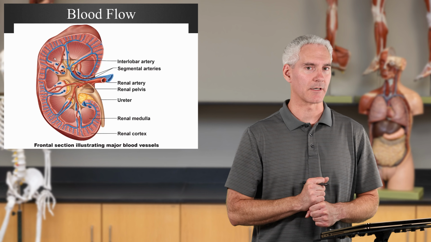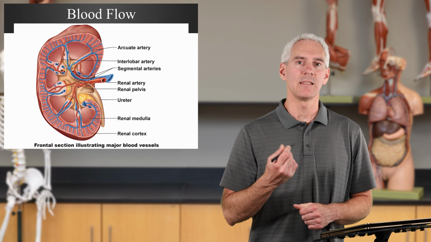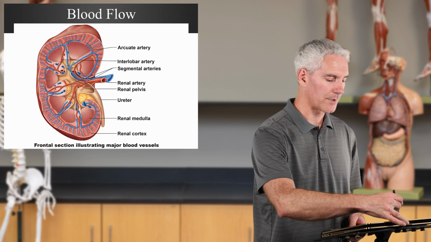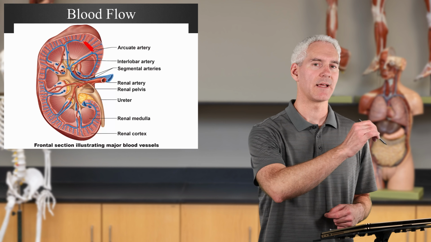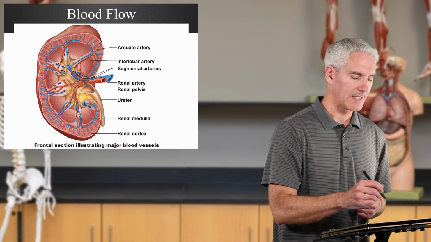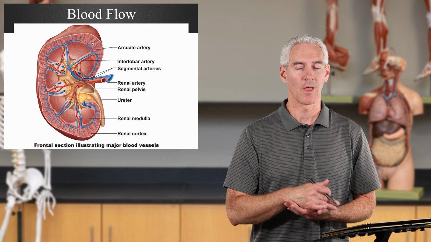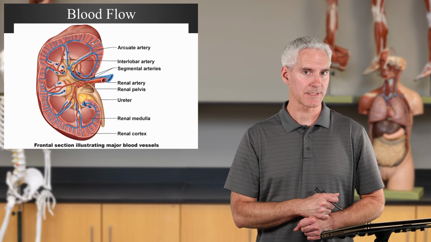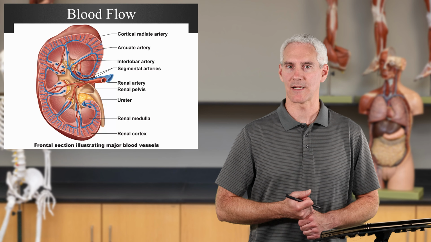From the interlobar, you go to the arcuate arteries. Now the arcuate is going to be a border. It's what's right in between the cortex and medulla. So it creates this kind of border between the medulla and the cortex of the kidney. From the arcuate artery, we're heading up to the cortical radiate artery.